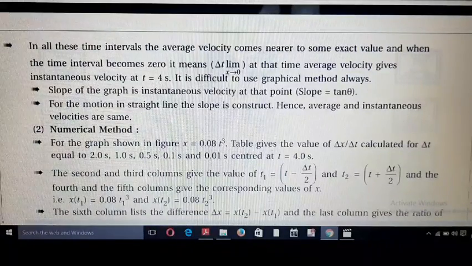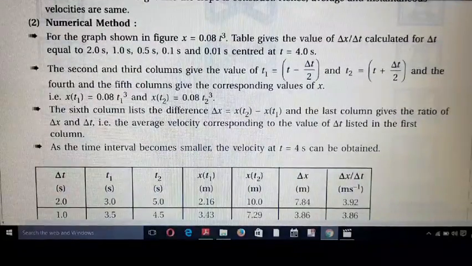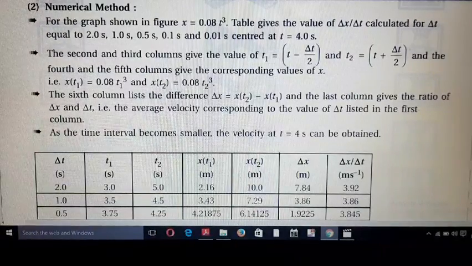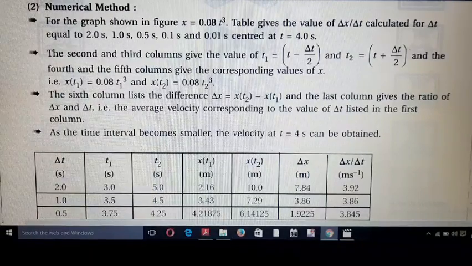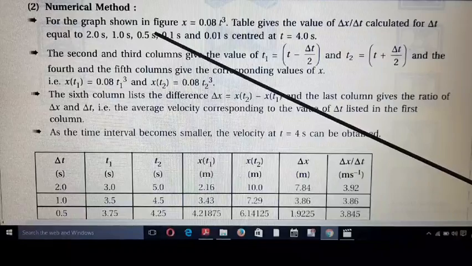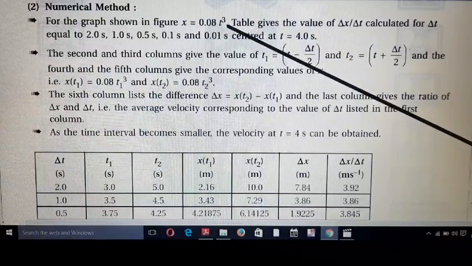The second method is the numerical method. In this method we calculate time and displacement and find the instantaneous velocity. Look here, we have one formula, x is equal to 0.08 t cube.